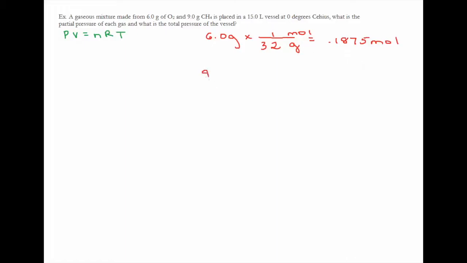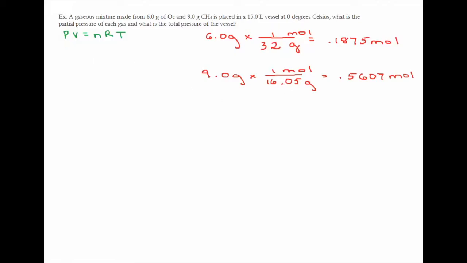And then I'm going to have 9.0 grams, and this is of methane, and the molar mass of methane is about 16.05 grams. And so the number of moles here would be 0.5607 moles. Okay, so if you want to, you can just take each of these, plug them into PV equals nRT, your ideal gas law equation, and then calculate the pressure for each of them.